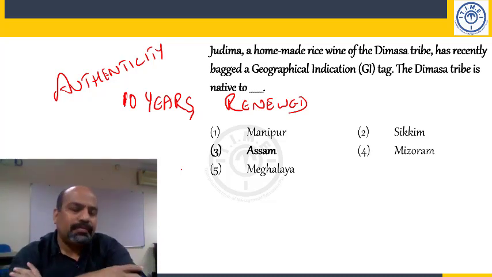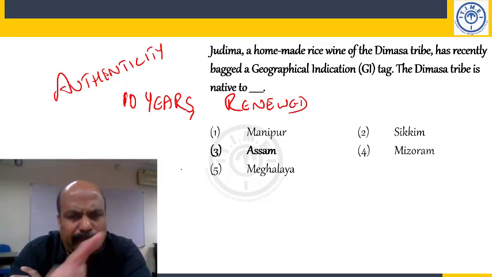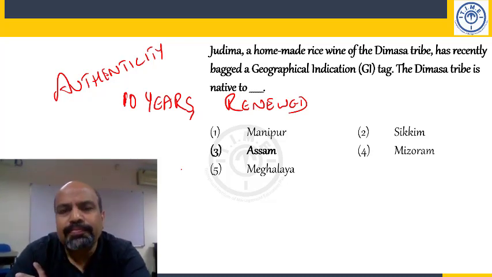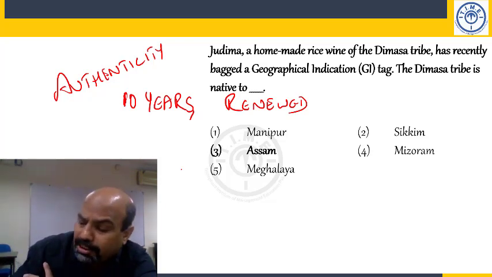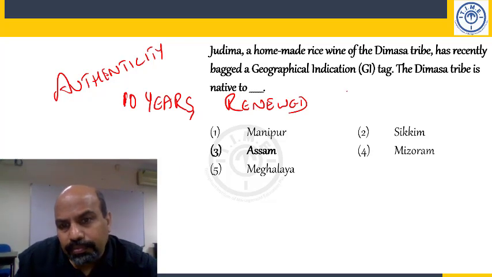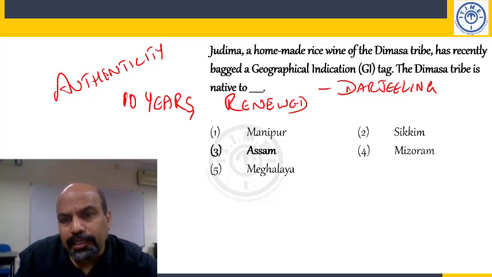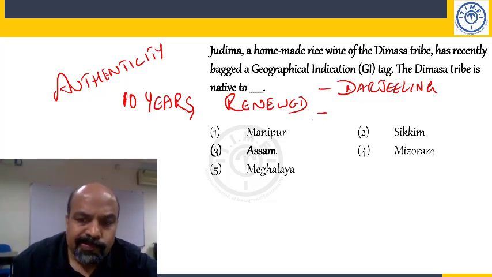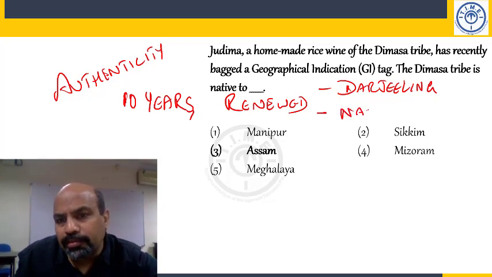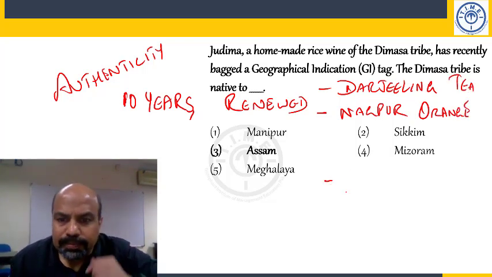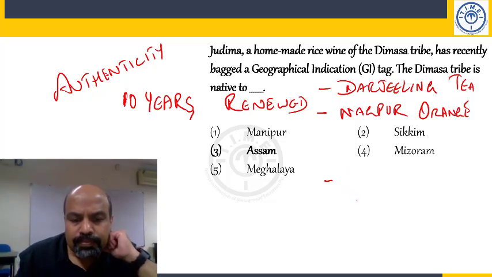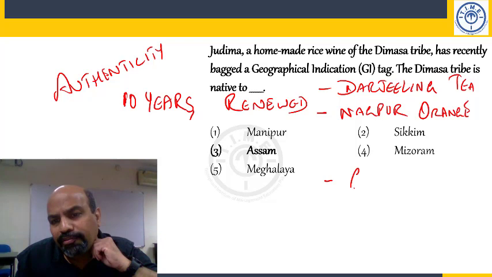Examples, apart from the Judima rice wine: Darjeeling tea, Nagpur orange, and one last example, Goa Feni.